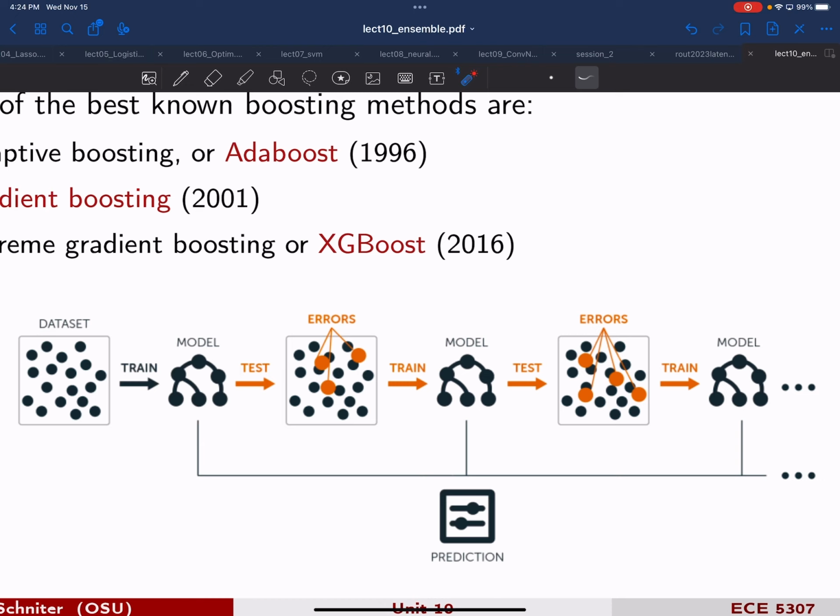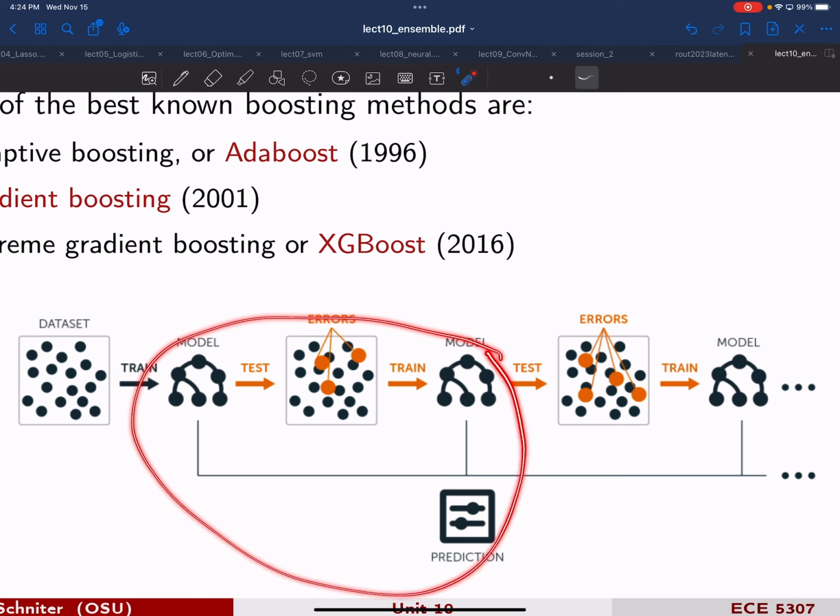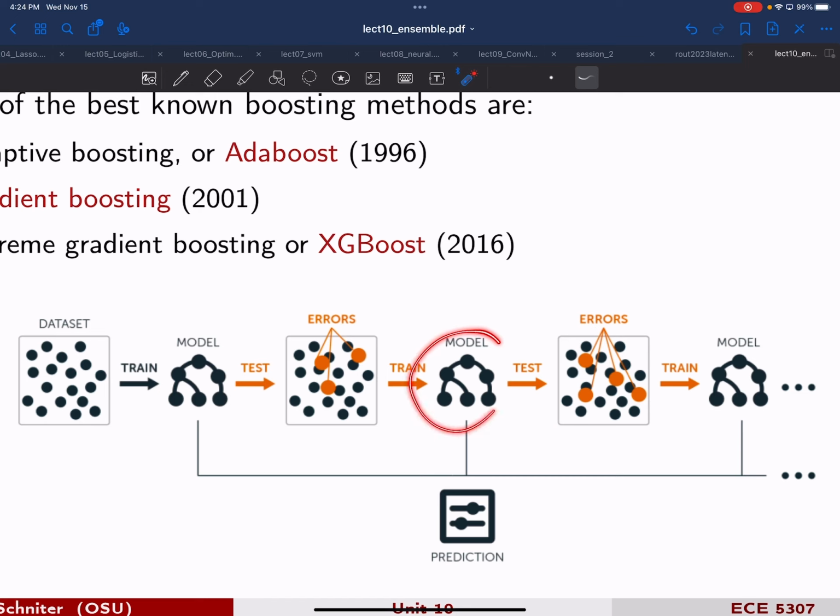Yes. Are the second set of errors, are they the errors from the ensemble of those two models, or just the second one? So are these errors? I guess we'll see how it's done. It could depend on the method. Yeah, but that's right. You could essentially have these doing the prediction instead of just this one doing the prediction.